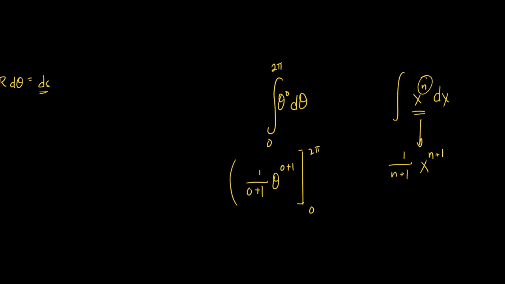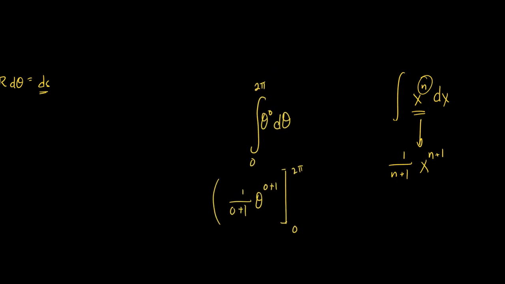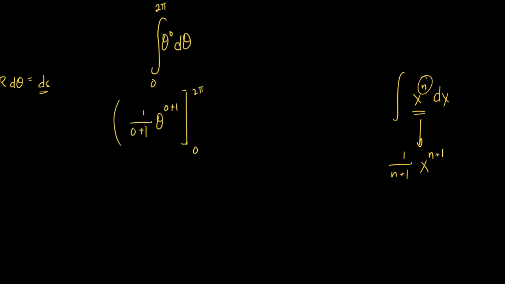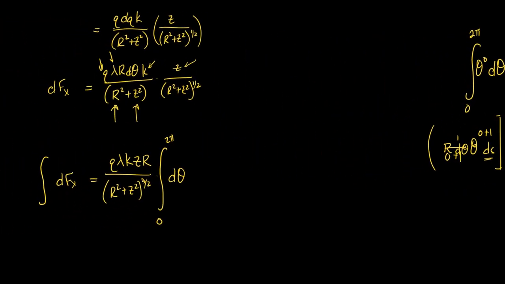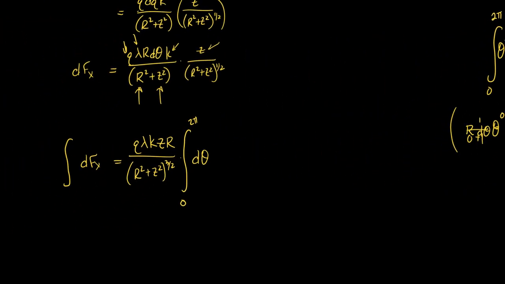All right, so let's go back over to our work here and realize that this will now be Q lambda K Z R over R squared plus Z squared to the 3/2 times theta evaluated from 0 to 2 pi.